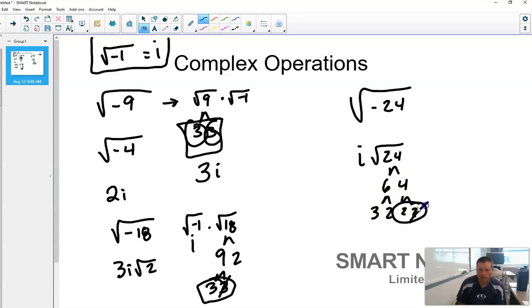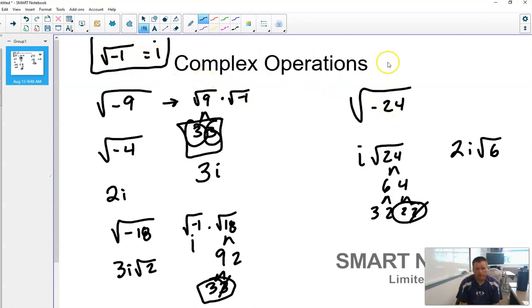I pair those 2's up, and then those can't go. So this is just going to be 2i square root of 6. So I just take the i right immediately. I know once I've got the square root of a negative, I'm going to have an i on the outside of that root. Okay? And so that's where imaginary numbers come about. They come about because they're the square root of these values. You want to remember that i is the square root of -1. That's a really, really important fact.